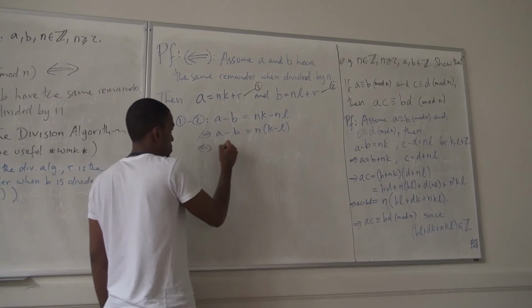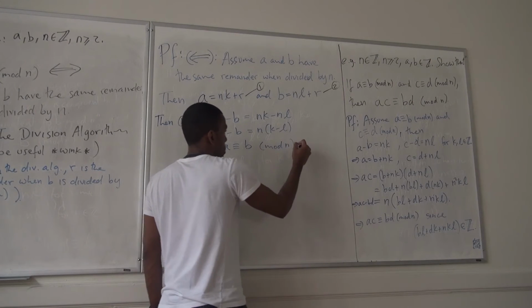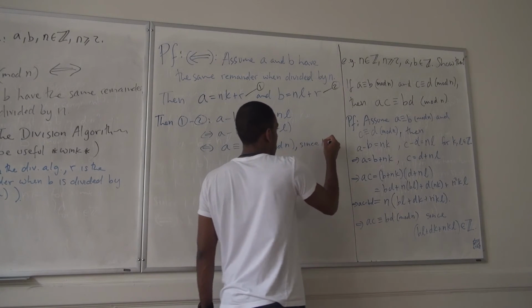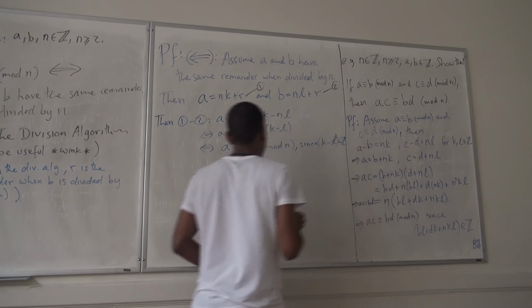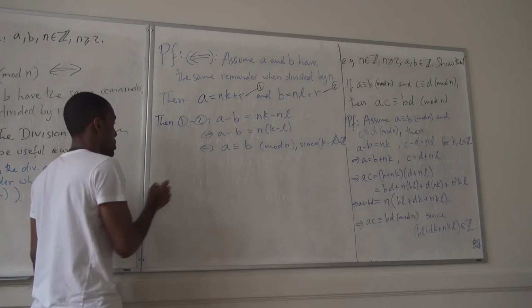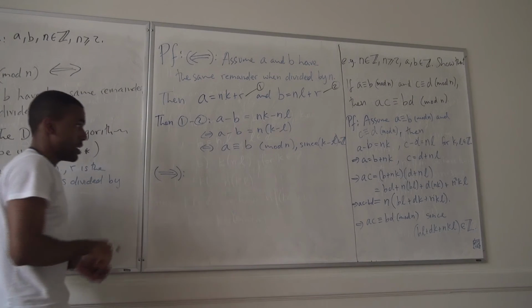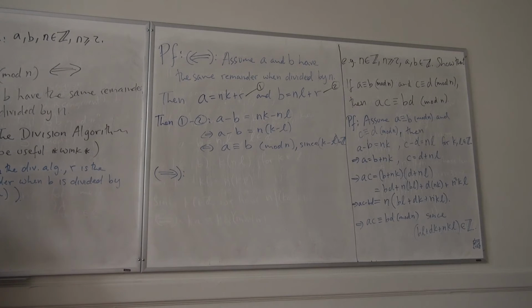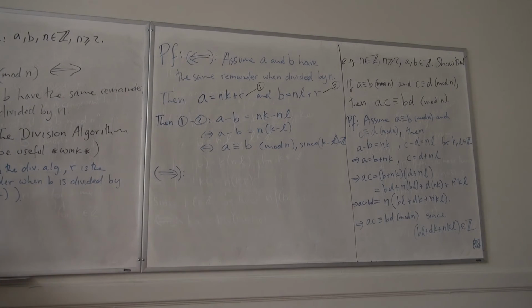A is equivalent to B mod n, since k minus l is an integer. So yeah, that was the easier direction. And notice that we didn't really use the division algorithm for it, though technically we sort of use it in the background, but not specifically in the form that I stated.